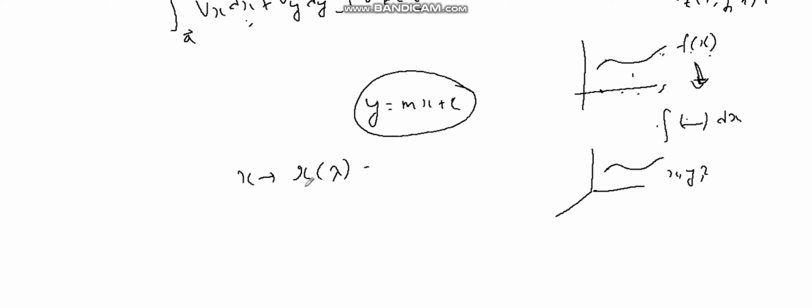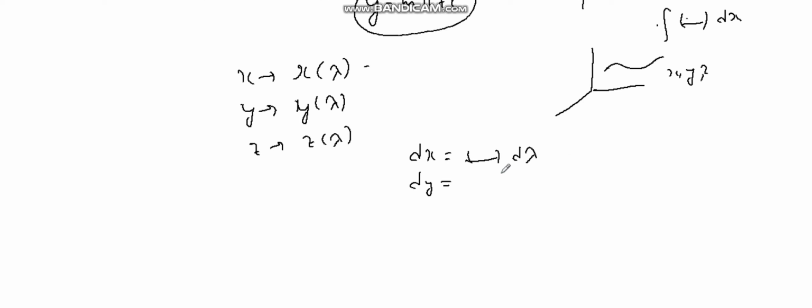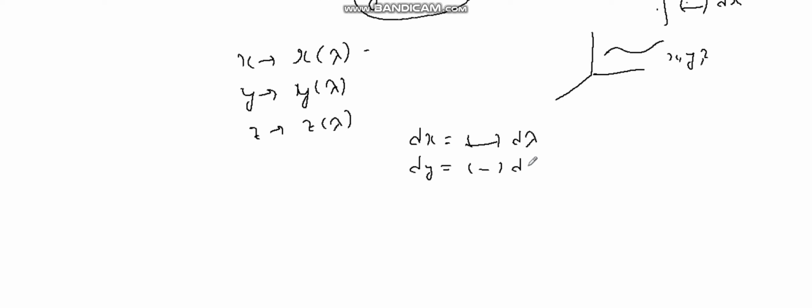So x is some function of a parameter lambda, y is some function of lambda, and z is some function of lambda. Then we take the derivative, and here we get some term times d lambda. In a similar way, dy gives again some term times d lambda.